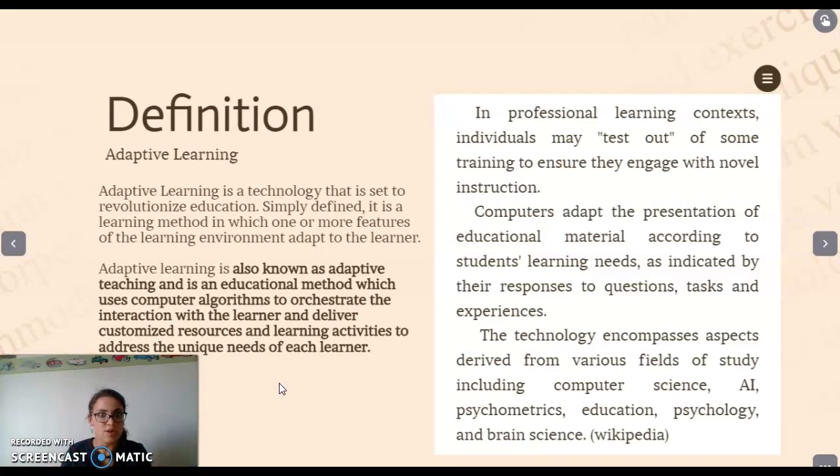It's also known as adaptive teaching, and is an educational method which uses computer algorithms to orchestrate the interaction with the learner and deliver customized resources and learning activities to address the unique needs of each learner.